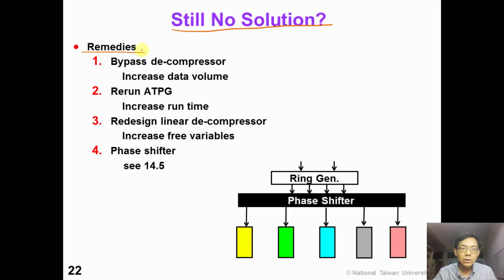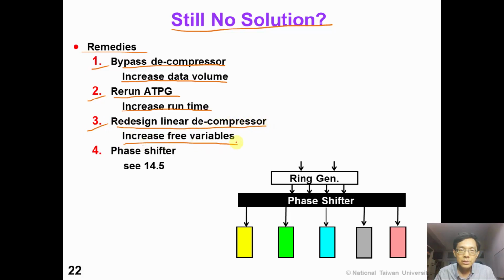We have several remedies. First, we can bypass the decompressor. We directly apply the test pattern. This would increase the data volume. The second remedy is that we can rerun ATPG. We change our test pattern. This would increase our runtime. The third remedy is that we can redesign our linear decompressor.